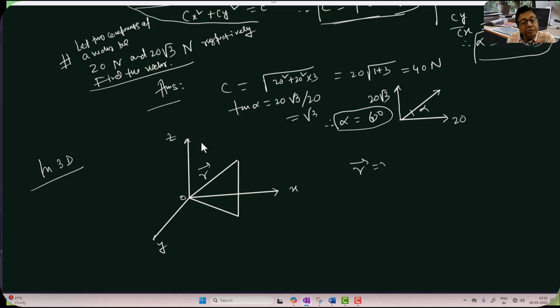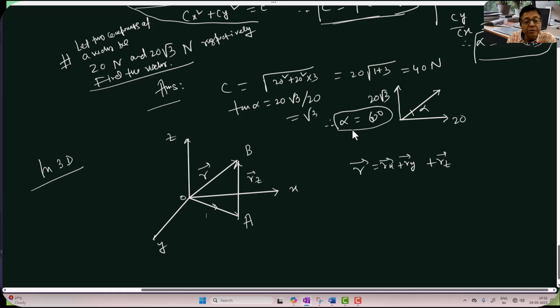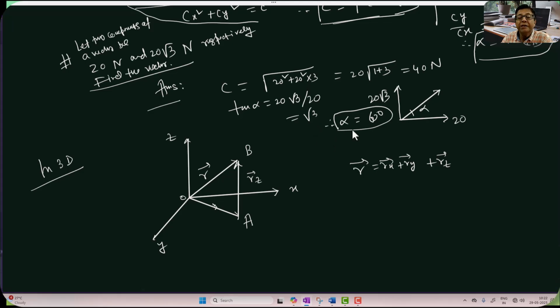Now this vector r is what? Suppose the components be rx, ry, rz. So r is what? In this diagram, this is your rz. You cannot change it. Directed along z axis. And this we don't know. We will find it. This is in xy plane, no? This vector lies in xy plane.